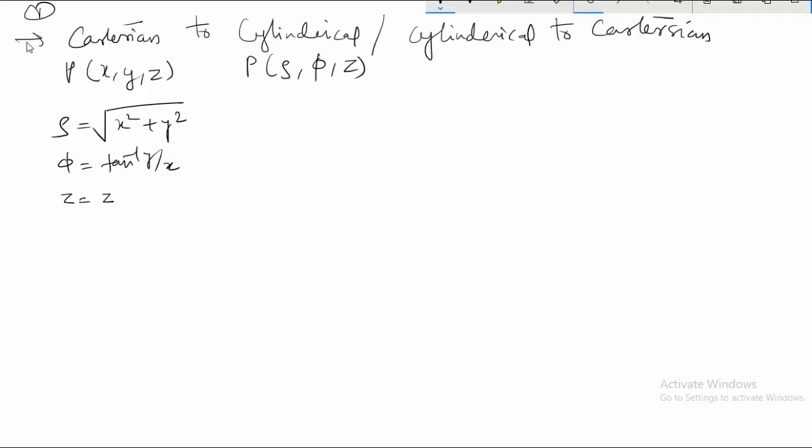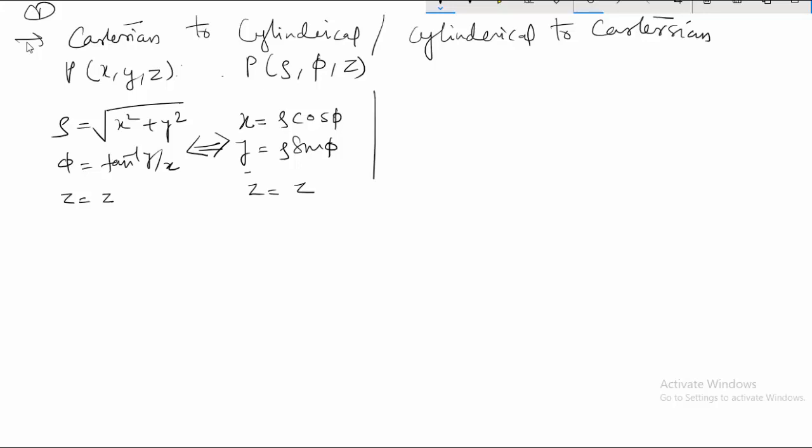So using this you can convert the value from the Cartesian to the cylindrical coordinate, and to convert from cylindrical to Cartesian you need x is equal to rho cos phi and y is equal to rho sin phi and z is equal to z. So in this way, vice versa, you can convert it.